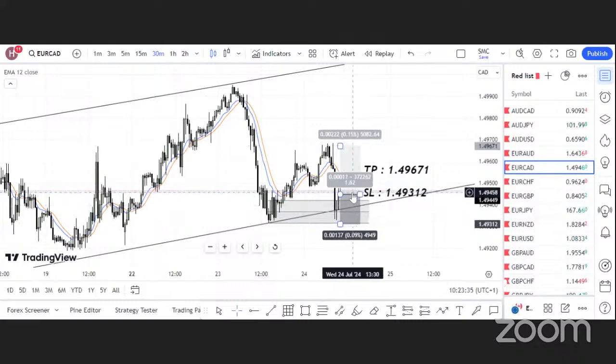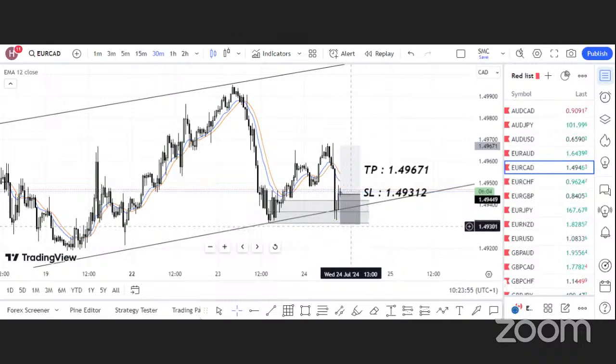We are currently buying Euro CAD, and if it doesn't go the direction we have predicted and the market goes into loss, when the market gets to this zone, it will take us out of the market.